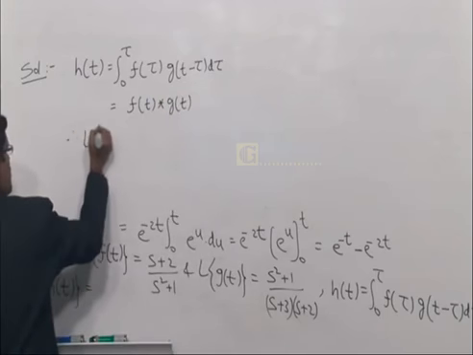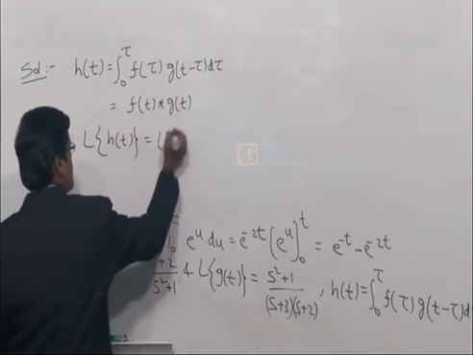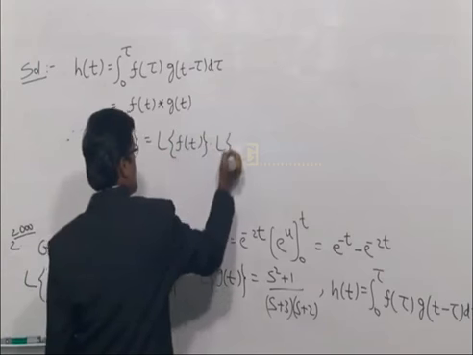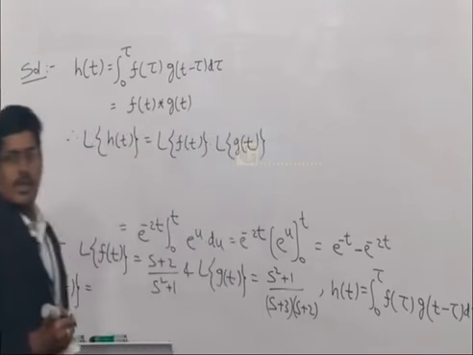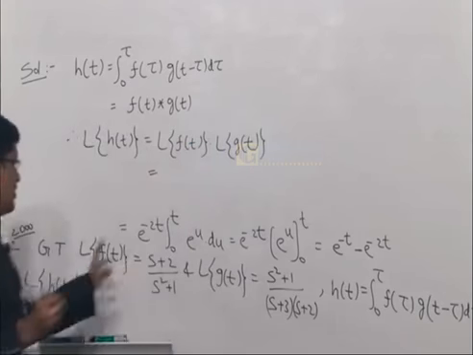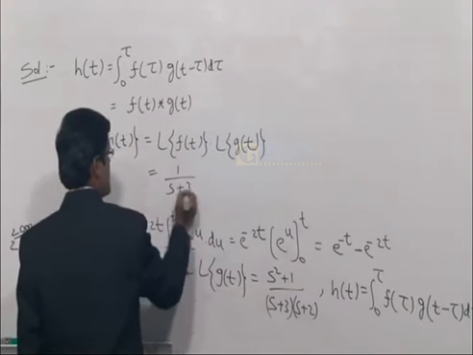Therefore L of h of t is equal to L of f of t into L of g of t, the product of their Laplaces. Both are given, just multiply, which gives 1 over s plus 3.